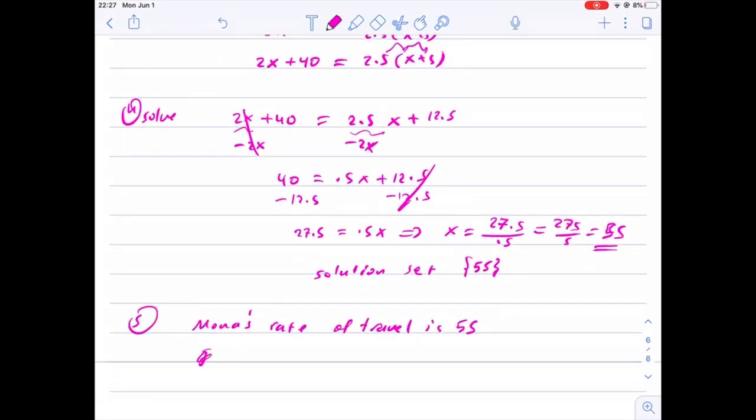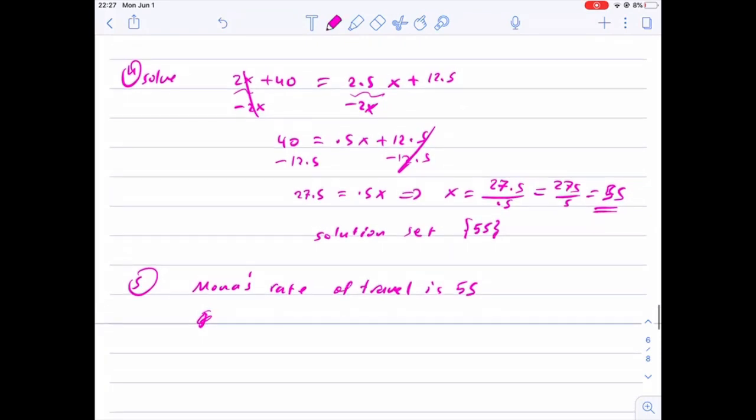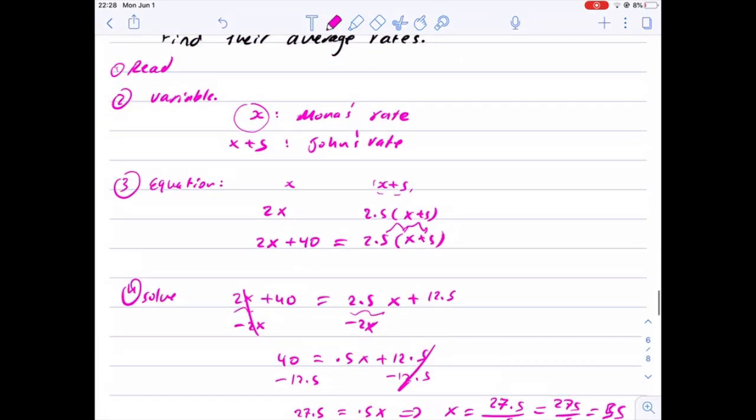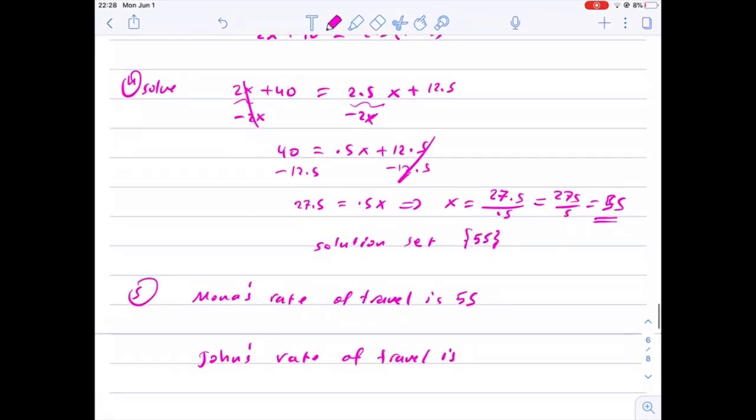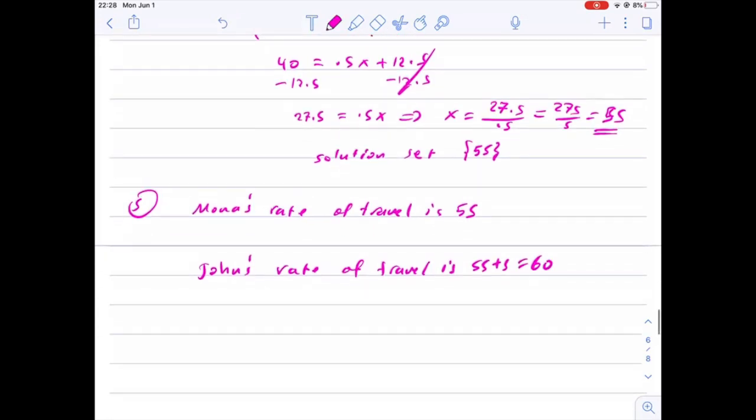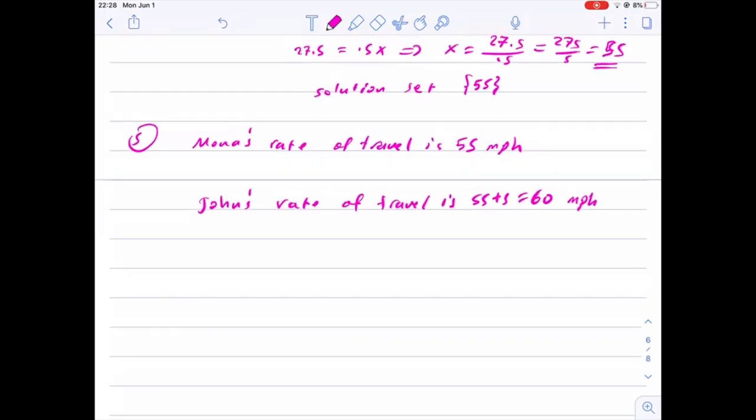And John's rate of travel is x plus 5. So we need to add 5, 55 plus 5, and that's 60 miles per hour. This is the unit. And that's it.